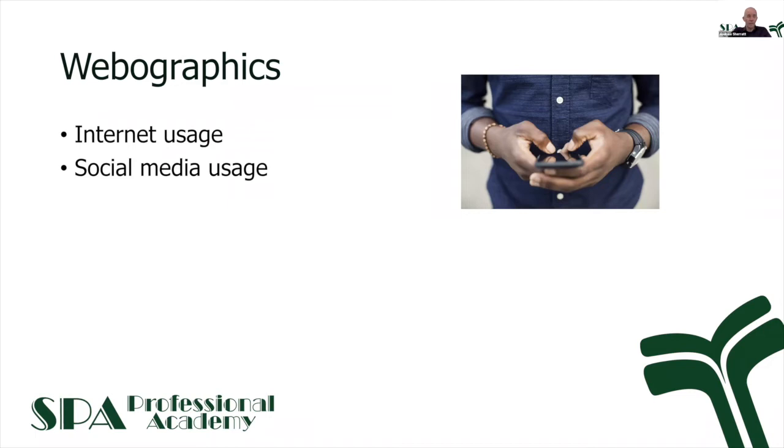Really important to understand social media usage. Do people use social media? And if so, which platforms are they using on social media? We get the obvious big difference potentially between personal and business use of social media, with generally LinkedIn being the major business use platform.